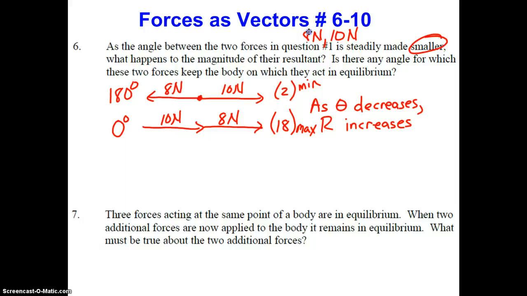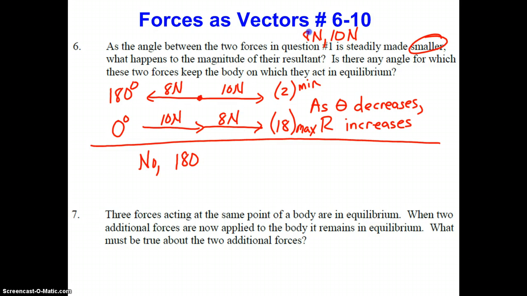The second part of the question: is there any angle for which these two forces keep the body on which they act in equilibrium? And the answer to that is no. In order for them to be in equilibrium, there's only 2 of them, they would have to be at 180 degrees, and they would have to be equal in magnitude.